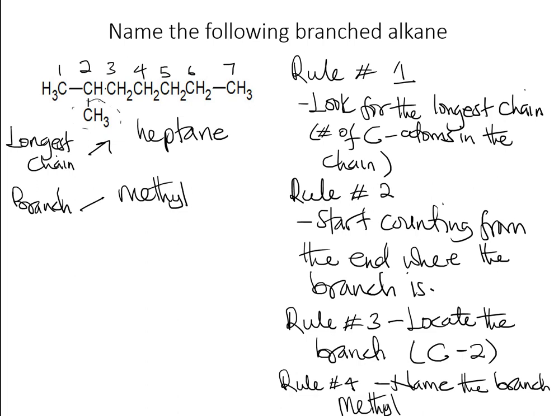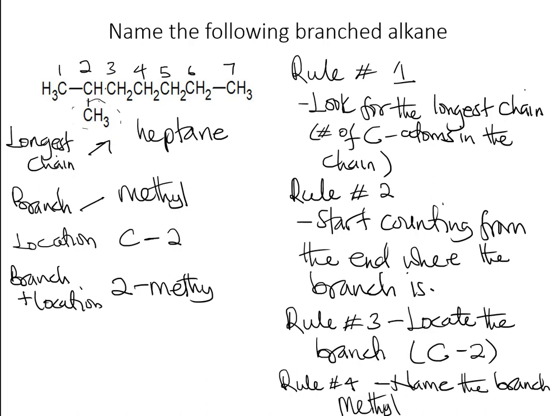The location of the branch is carbon number 2. If you add branch plus location, the methyl is at carbon number 2. If you add the 2, we say the whole branch and location is called 2-methyl. It tells us that the branch is methyl, but it is at carbon number 2.